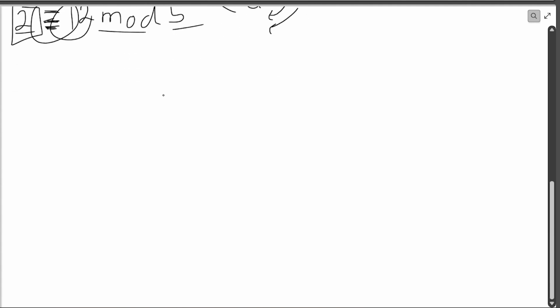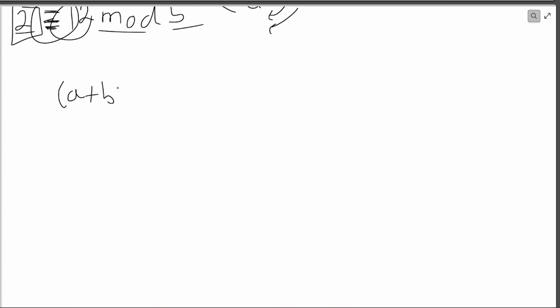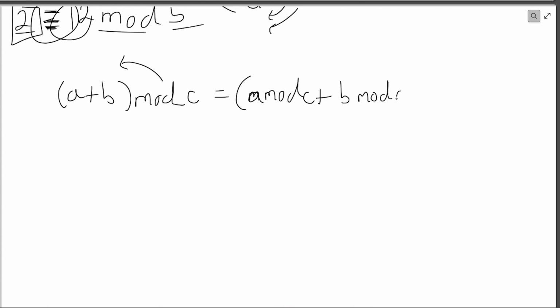But first, let us learn about some properties of modular arithmetic that would be really helpful when actually solving questions using modular arithmetic. So if you have A plus B mod C, you can also distribute this mod inside and you can write A mod C plus B mod C, whole mod C. And similarly, you can also have it for multiplication.